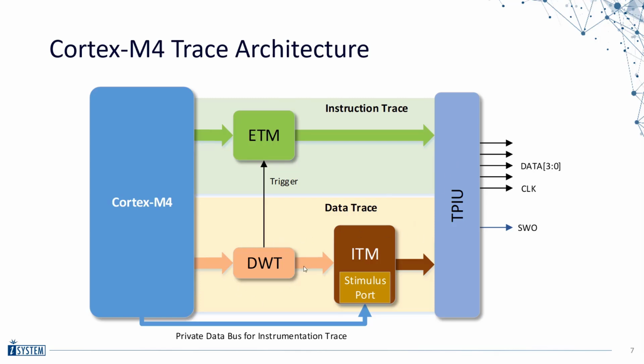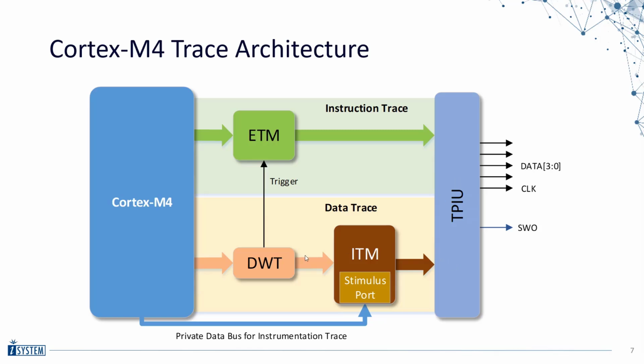Now I will talk about DWT, data watchpoint and trace. It's shared between the debug and trace systems. The question is how? The DWT module has 4 hardware comparators which can serve either as data access breakpoints or trace on-off triggers. In general, DWT trace data is forwarded to ITM where trace messages are generated and then goes to TPIU.